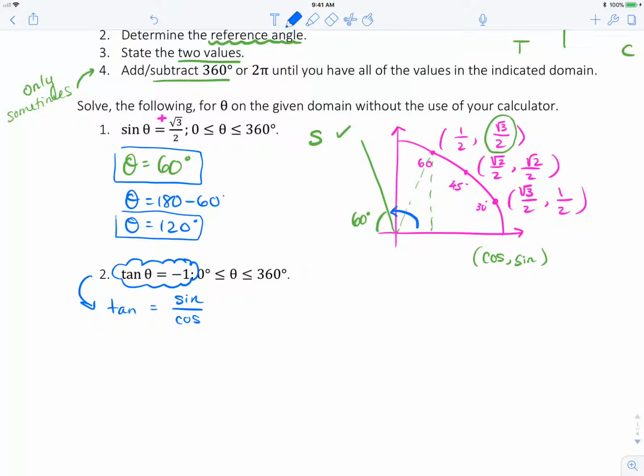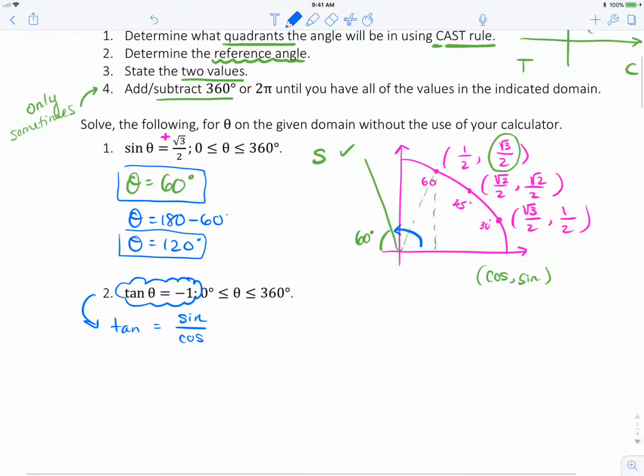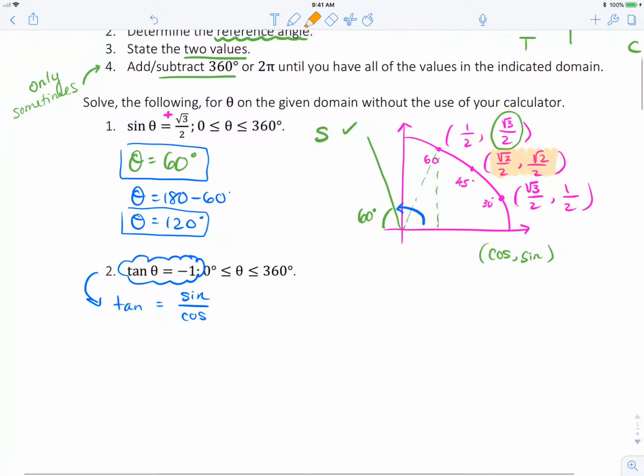One of them is definitely negative, that's true. And they must both also be the same value. Think of 3 divided by 3 is +1. So where on my unit circle are my sine and cosine the same? Yeah, at my 45s.